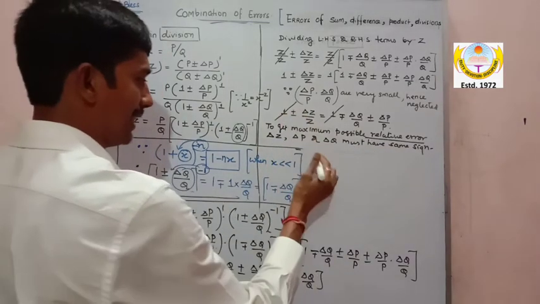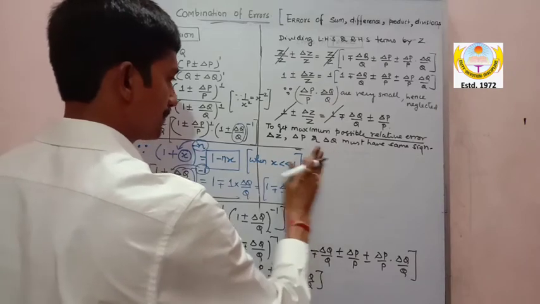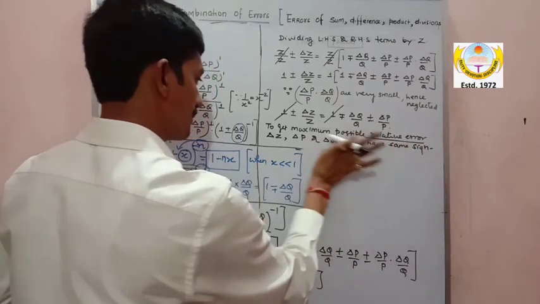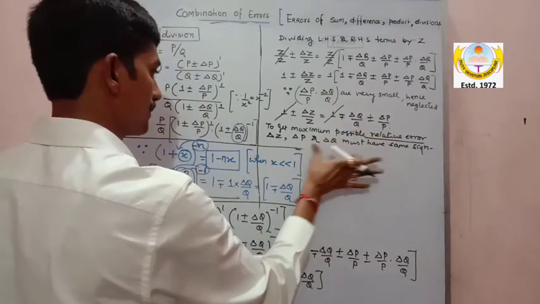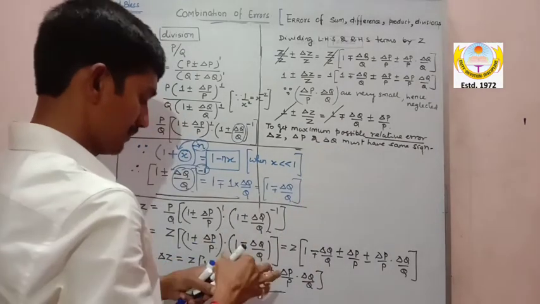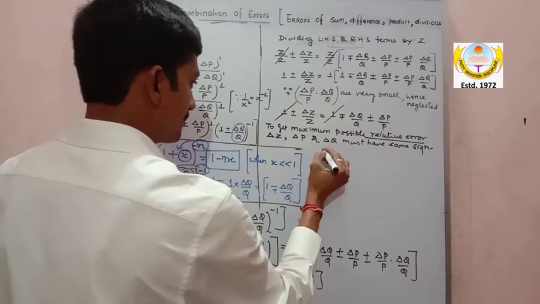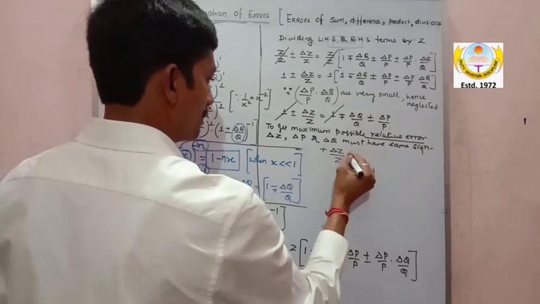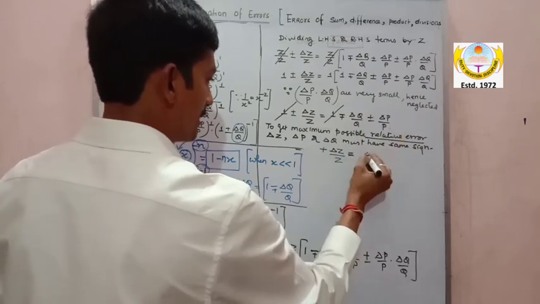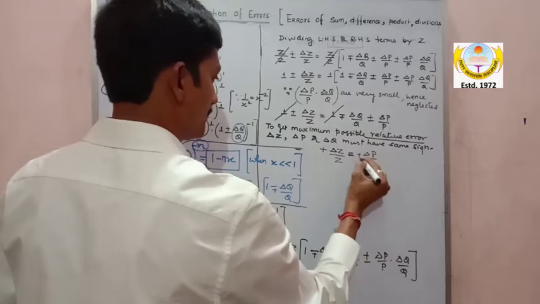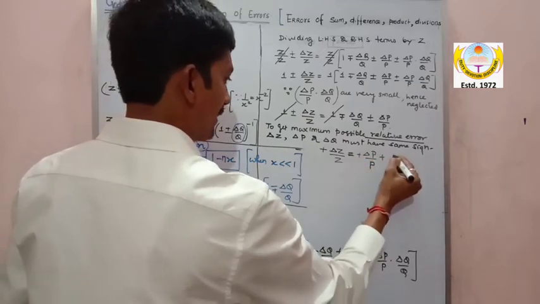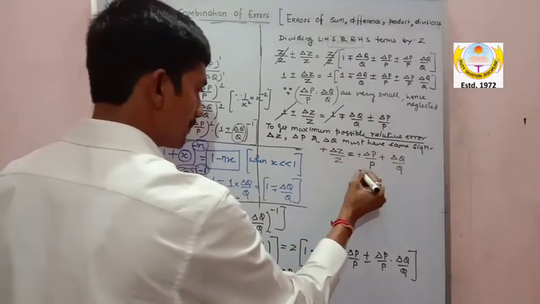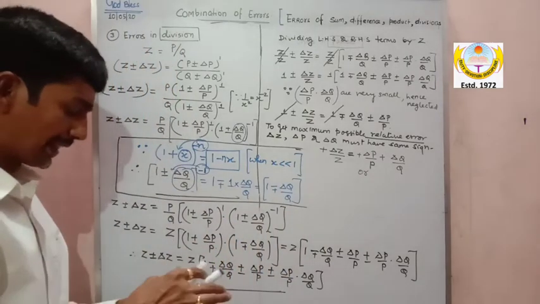If I take a plus sign, then plus delta Z by Z is equal to, here also I have to take plus only, plus delta P by P plus delta Q by Q, or look at the next one.